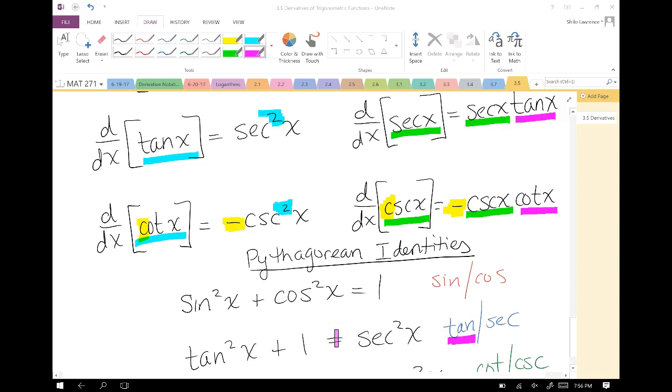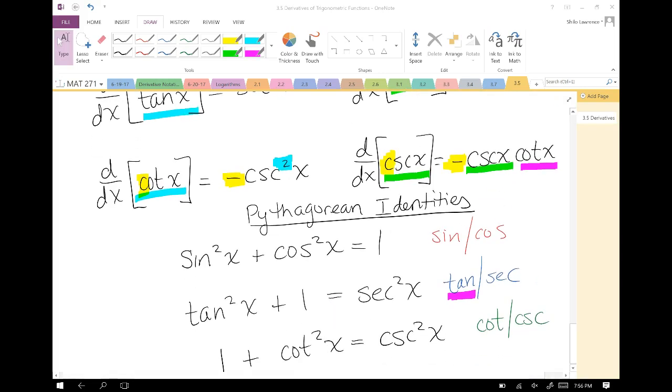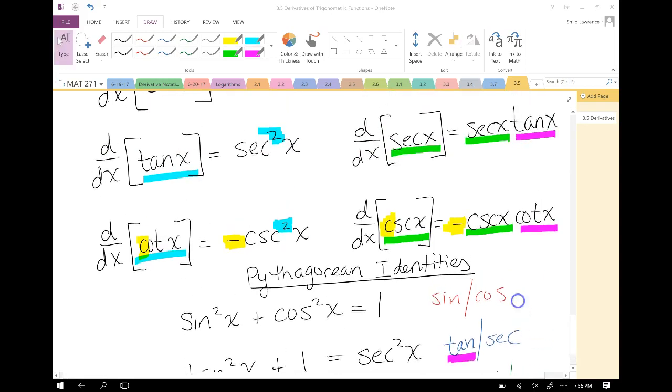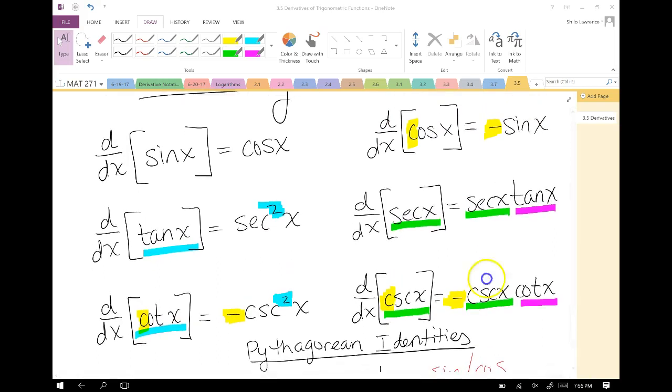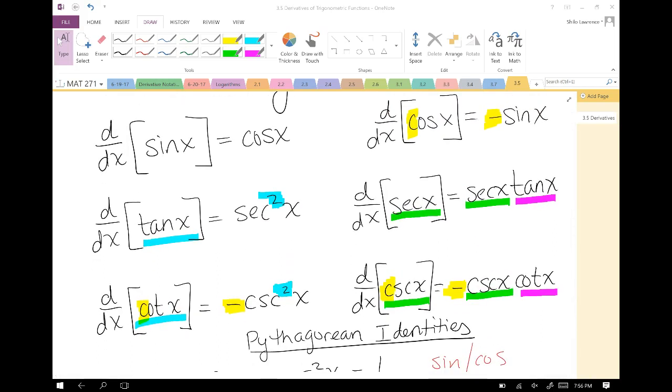So the derivative for cosecant is going to contain a cosecant, and then whatever guy is down here in his Pythagorean identity. So there's a bunch of little pieces to it, but sometimes knowing a few of those little pieces is helpful instead of having to memorize just 6 completely random brand new derivatives.